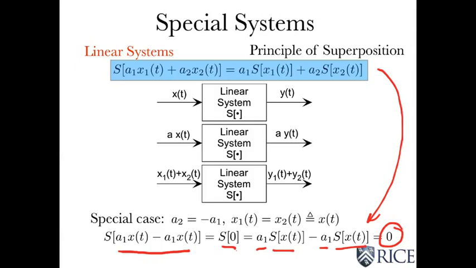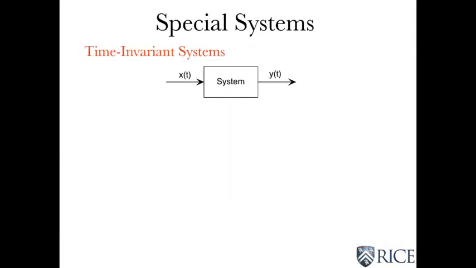It's sort of a very simple test, but it's not what's called sufficient. It's a necessary property, but not sufficient. The real test of whether something is linear or not goes back to the original definition. And by the way, in detail, this principle of superposition has to apply for all signals x1 and x2, and all constants a1 and a2. So it's a pretty demanding requirement, but when you have a linear system, it's very, very nice.